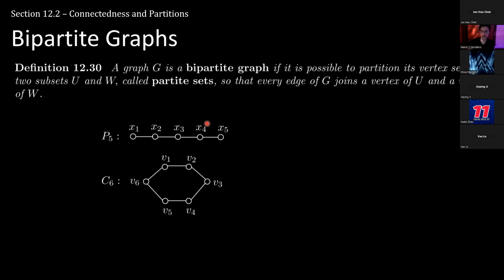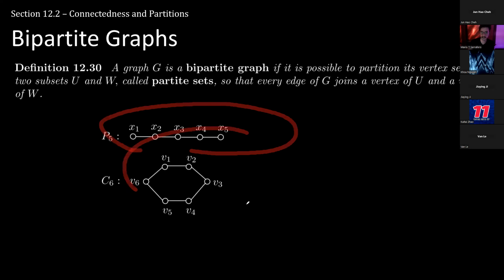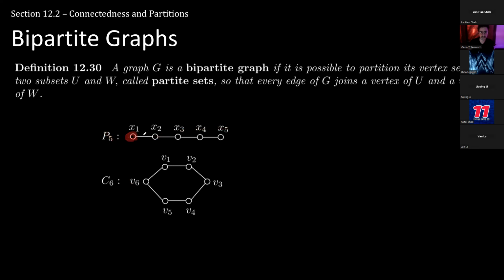If we have a bipartite graph, we can partition the vertex set into two subsets, U and W, and we call those partite sets. Every edge of G joins a vertex of U and a vertex of W. So this is essentially what we were just saying. For example, these are two graphs that are actually bipartite, because we can arrange them like this. These are my two sets, and the same here.